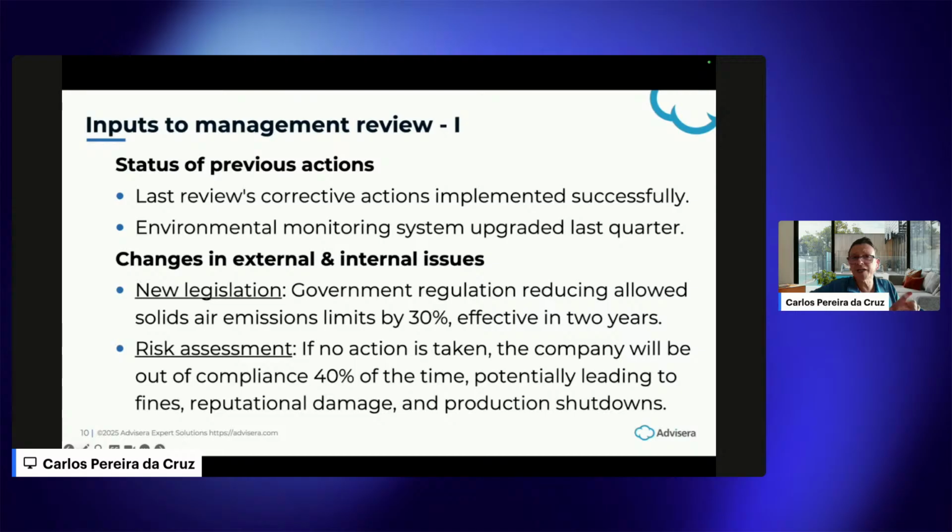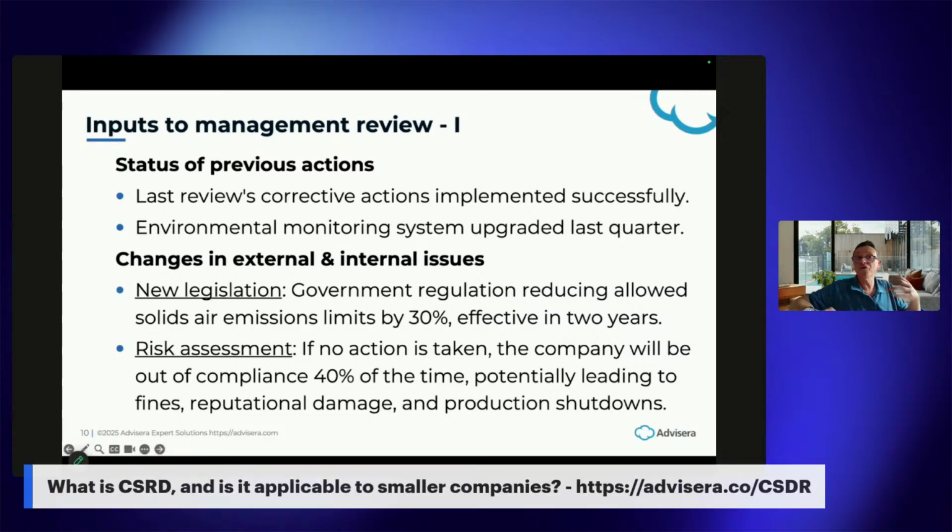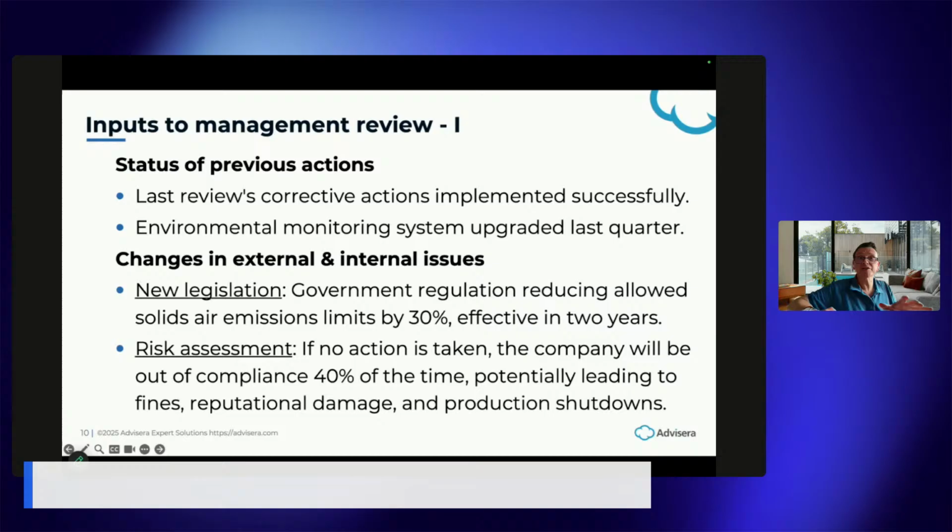Here I leave an article on a topic that small and medium enterprises working in Europe or with Europe have to consider in the management review: what is CSRD, the Corporate Sustainability Reporting Directive, and a link to another article, what is ISO 14064 about greenhouse emissions.